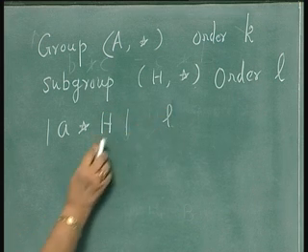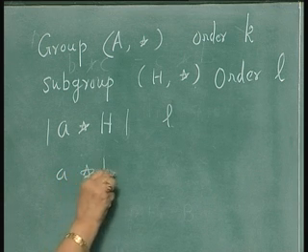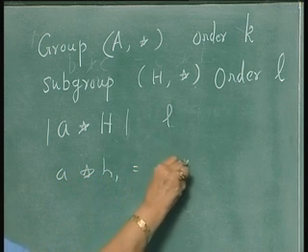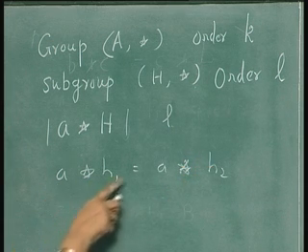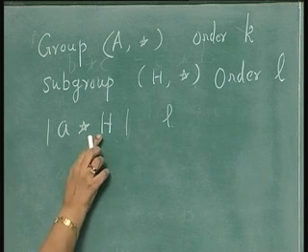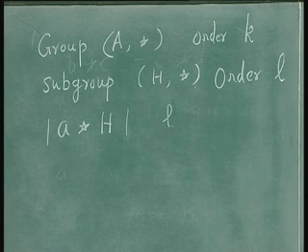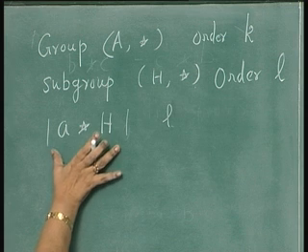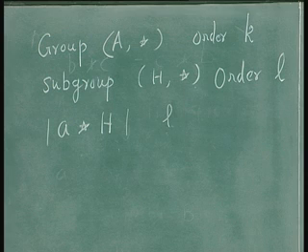This will be L, because you cannot have some A star H1 equal to A star H2, because in that case, because of left cancellation, H1 and H2 will become equal. So, different elements in H, when you pre-multiply by A, will give you different elements. So, the size of this coset A star H will be L. If you take any left coset of H, the size of that will be just L, the same as the size of the subgroup.